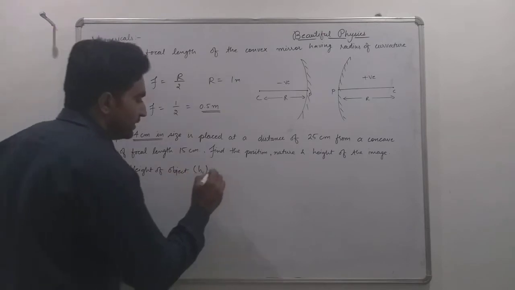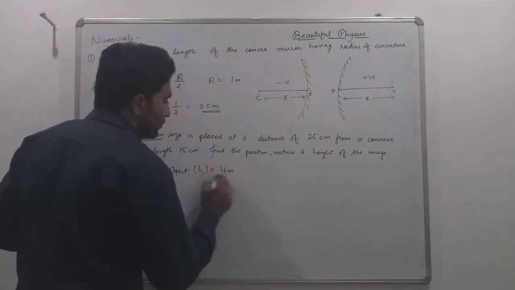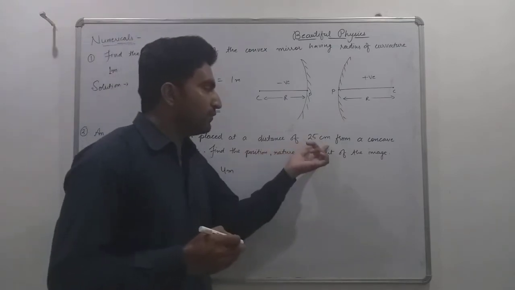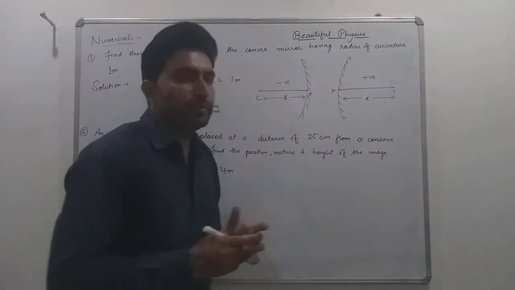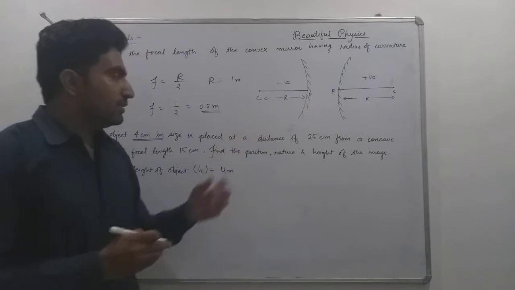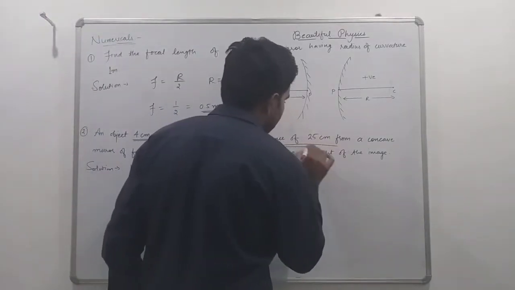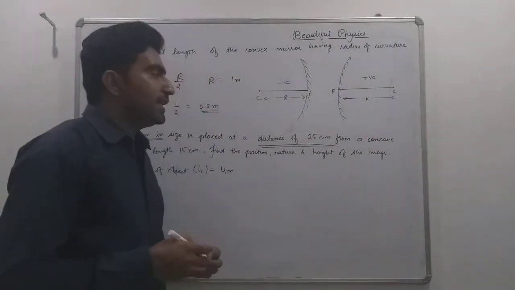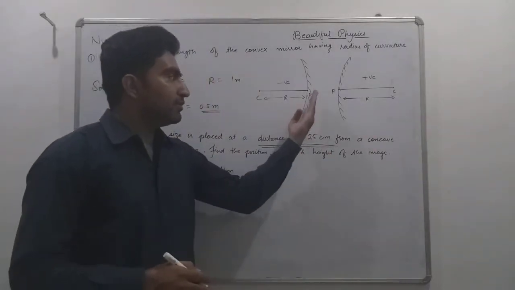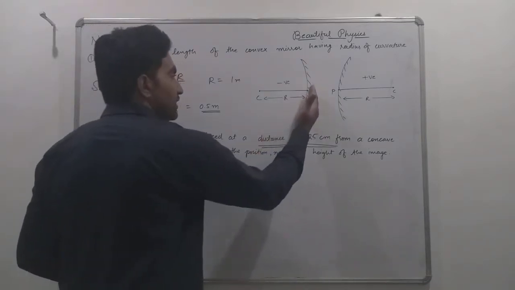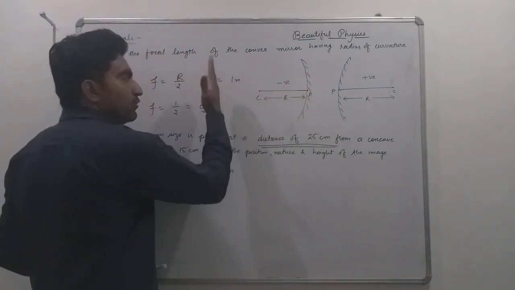It is given that the object is placed at a distance of 25 cm from a concave mirror, so the object is placed 25 cm in front of a concave mirror.